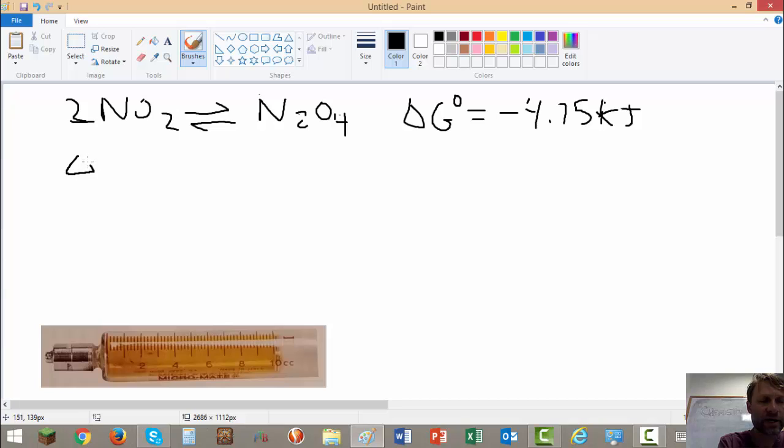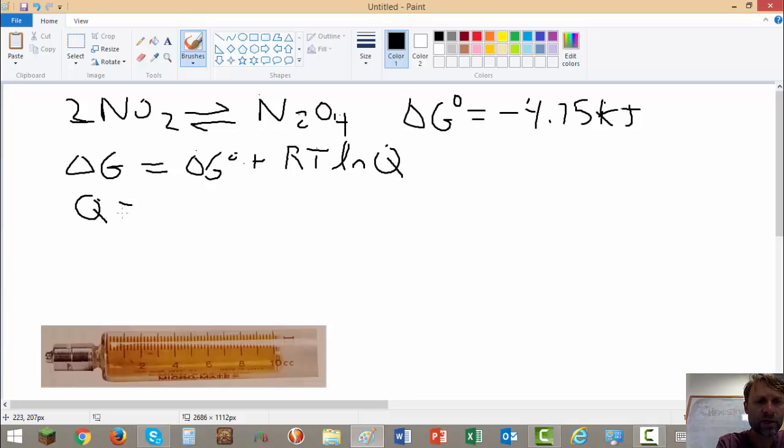The equation we're going to use to calculate the non-standard state delta G is delta G under non-standard conditions equals delta G under standard conditions plus R times temperature times the natural log of Q. Now for this particular reaction, Q equals the partial pressure of the products, which is N2O4, divided by the partial pressure of NO2.